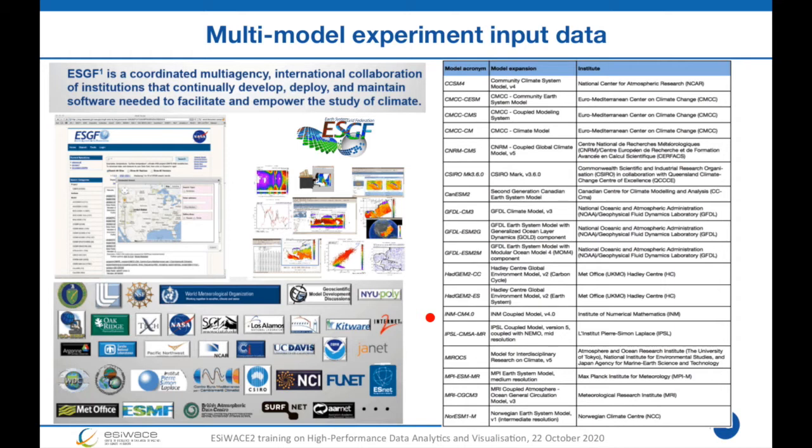In this case, this has been done on 18 models, and we'll see a video recording of the actual execution of this workflow in a few minutes. We have taken these different input data from the various models from the CMIP5 experiments, and the goal would be to port this also to CMIP6 data.